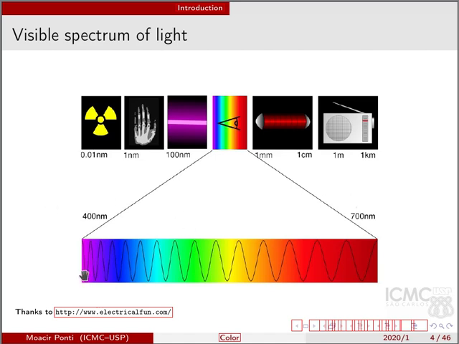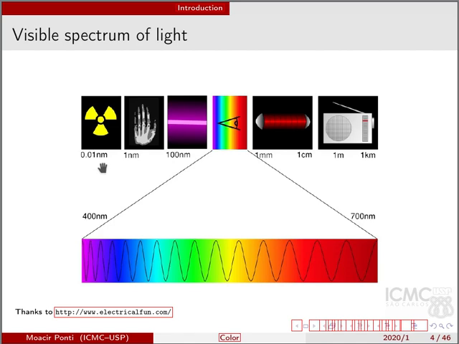So we have colors from violet to blue and cyan, green, yellow, orange, and then red. Wavelengths that are smaller than 400 nanometers are in the spectrum that we often call ultraviolet. If we decrease the size of the wavelength, we could reach, for example, X-rays and gamma rays.